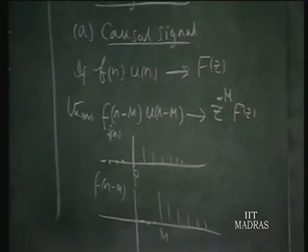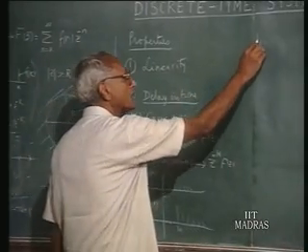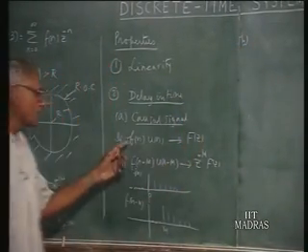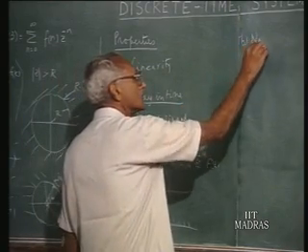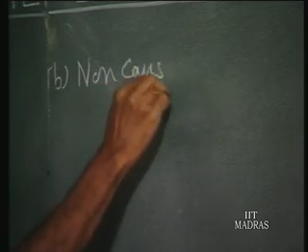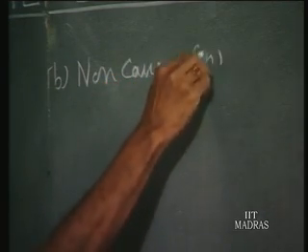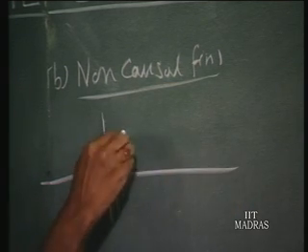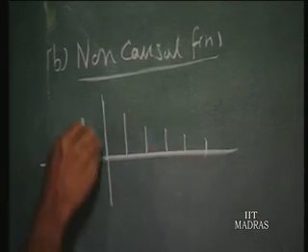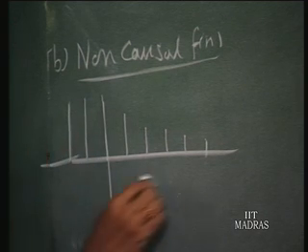m f of z. What happens if f of n has some values for negative values of n? So a non-causal function. So let us take this. You have f of n, you also have some values, let us say.